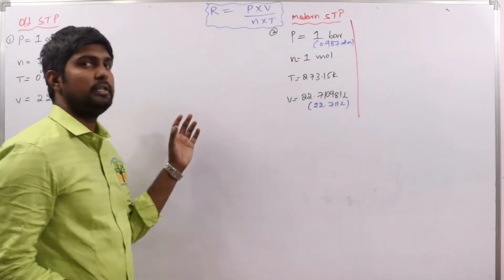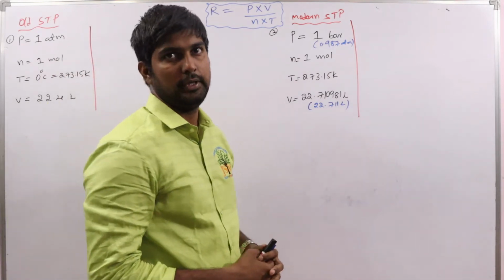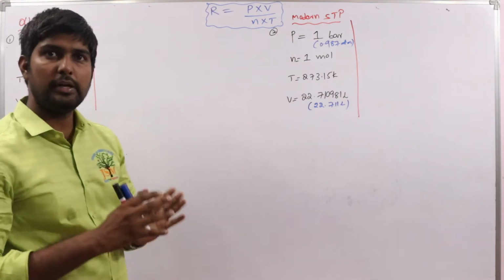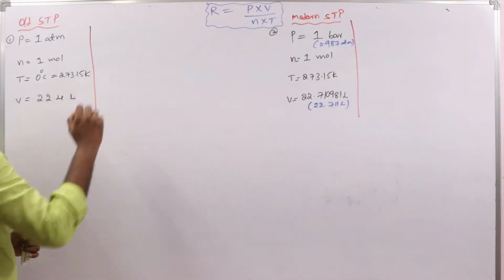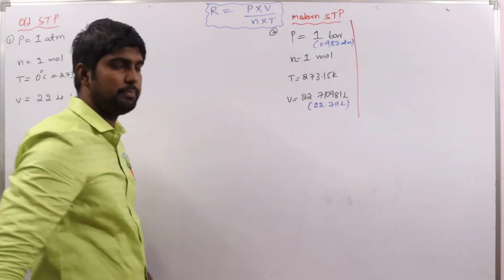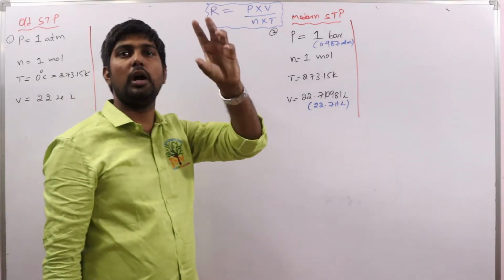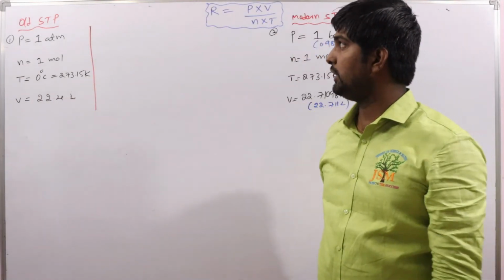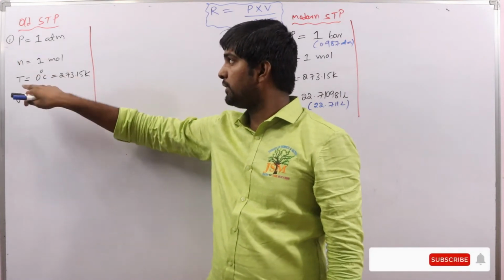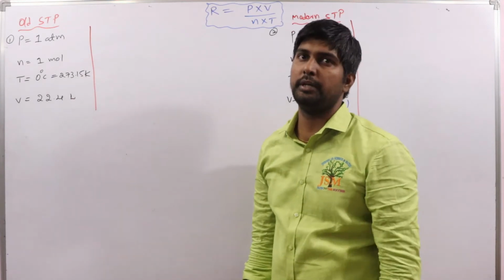Now let us consider the value of R in different units. First we will consider the value of R in the old STP conditions and in the modern STP conditions. In the old STP conditions, pressure is 1 atmosphere and temperature is 273.15 Kelvin or 0 degrees centigrade.